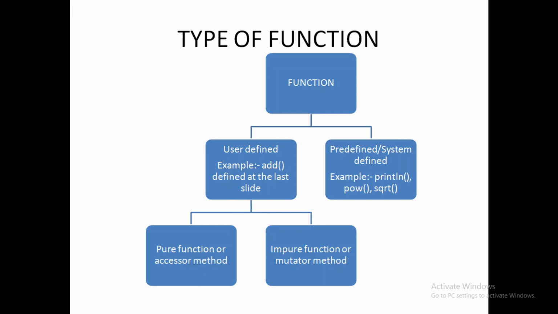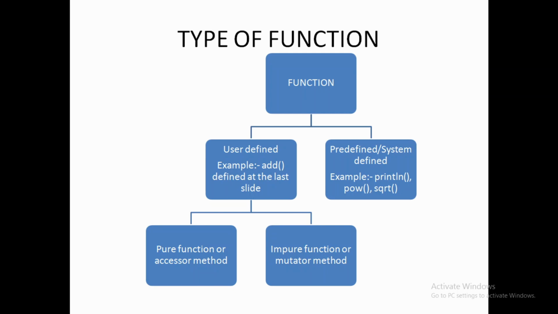Now that we have a little bit of understanding and background about the methods or functions available in Java, we will see different types of functions available in Java. Functions or methods can be broadly classified into two categories in Java.